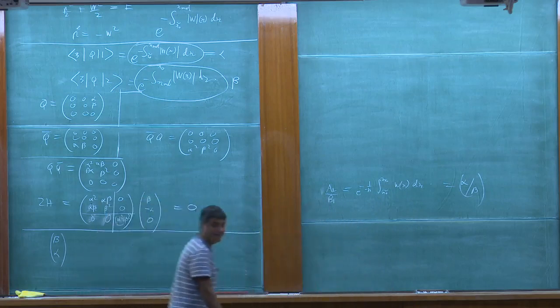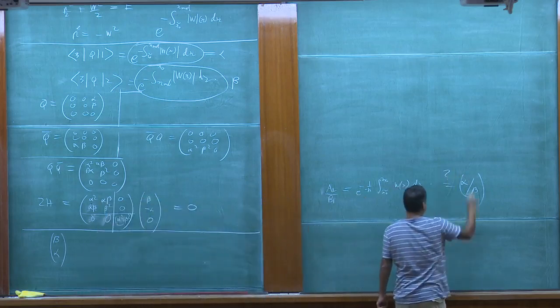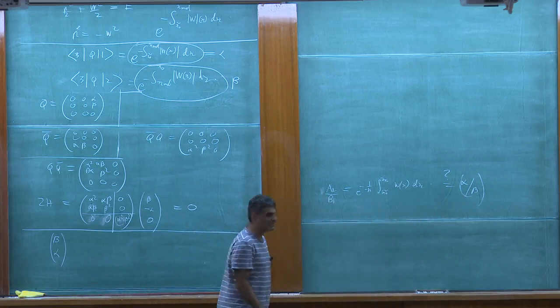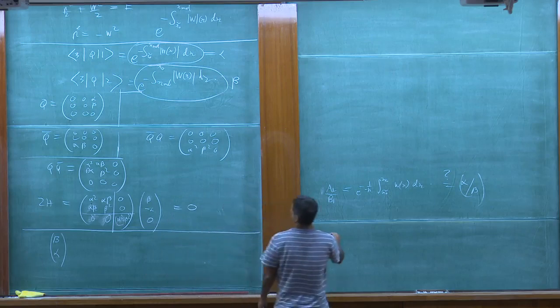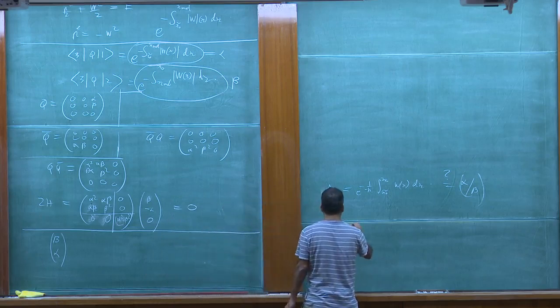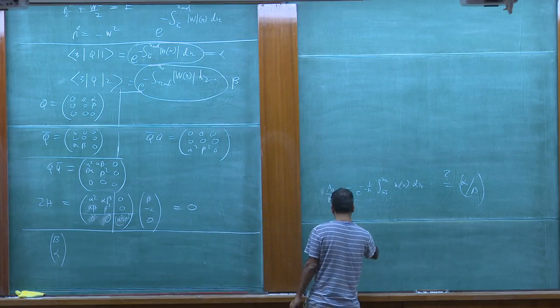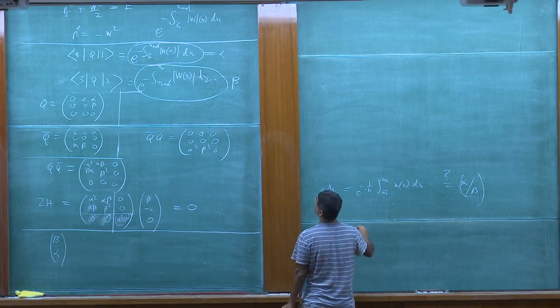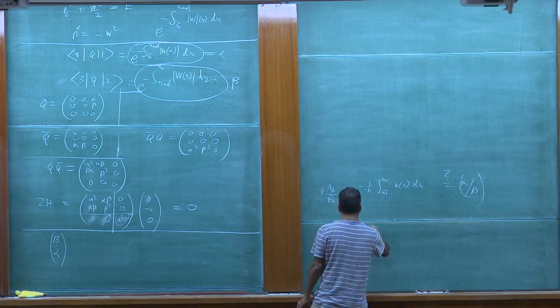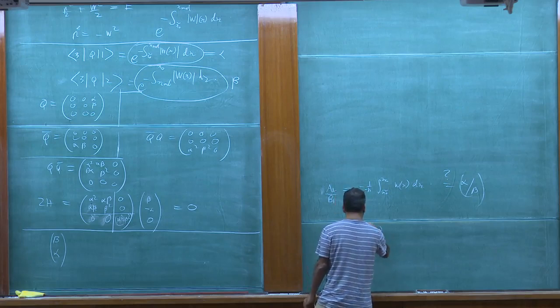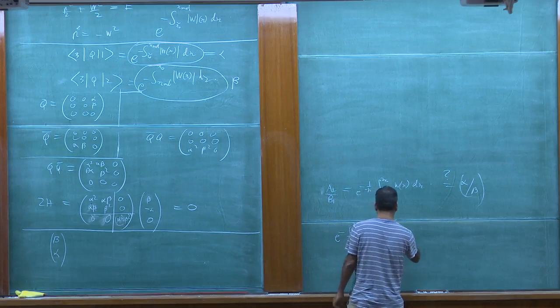Let's check if that's working. Is this correct? Well, alpha was e to the power minus the integral from x naught tilde to x mid of w of x with a mod dx.